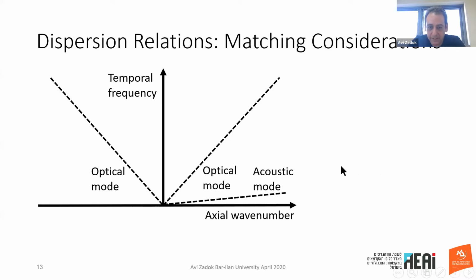Every sort of wave, every mode in a structure, optical wave or elastic wave, is characterized by the relation between omega and K. This is what we call a dispersion relation. I've drawn here the optical mode in a fiber. It can propagate in one direction or in the other. And I've plotted for you also an acoustic mode that can propagate in the same fiber.